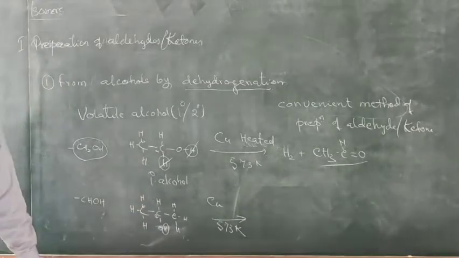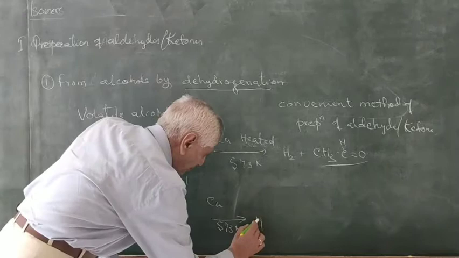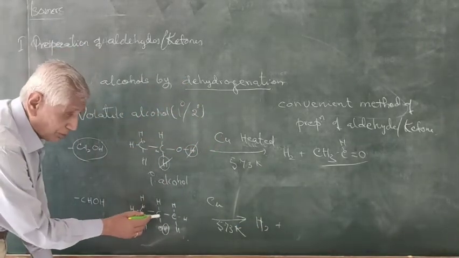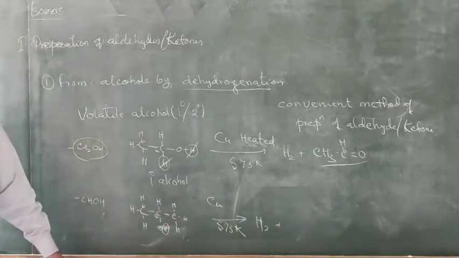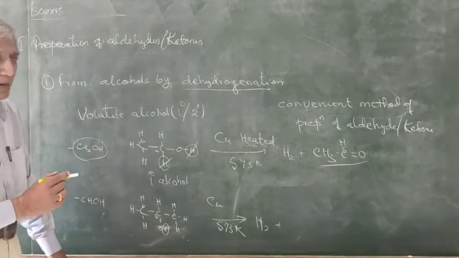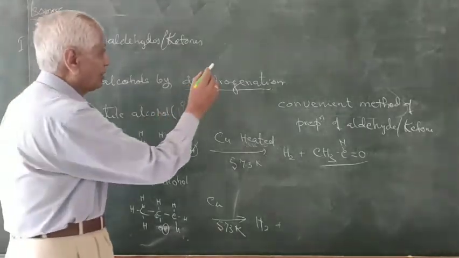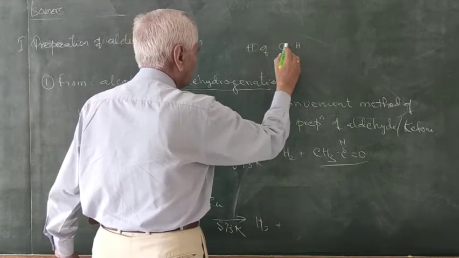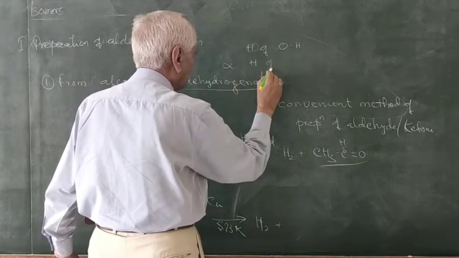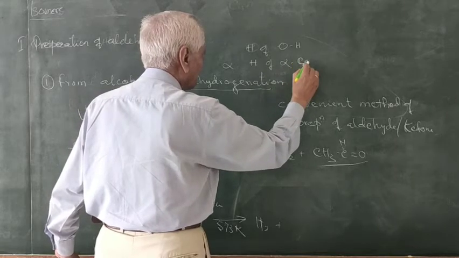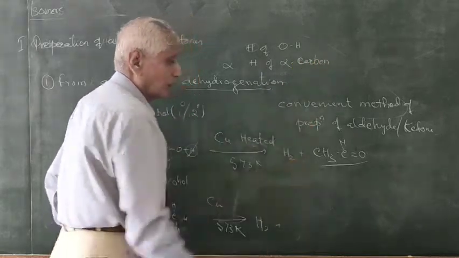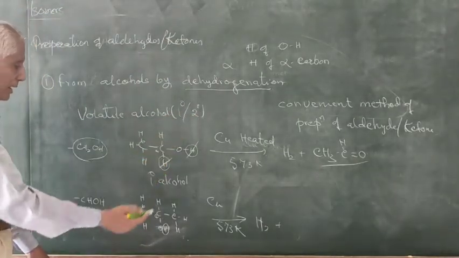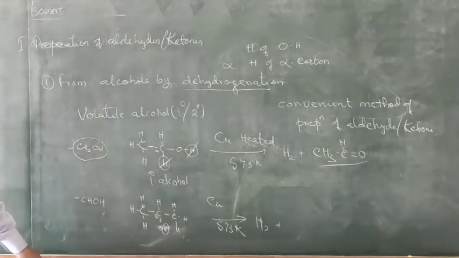H and H separate out as H2, and we get CH3COCH3. So in the dehydrogenation reaction, H of the OH group and H of the alpha carbon are eliminated. Therefore, primary alcohol will give you the aldehyde, secondary alcohol will give you ketone.